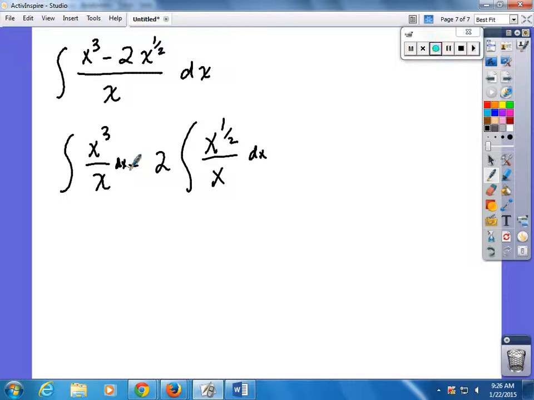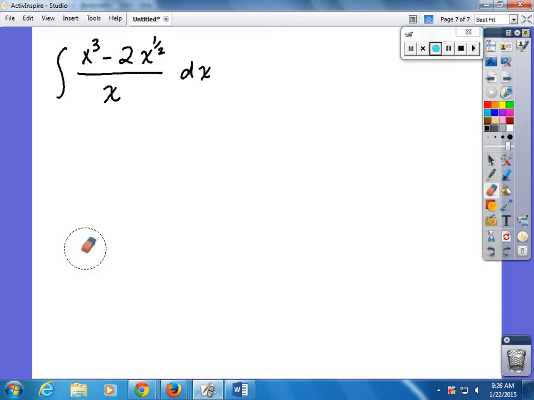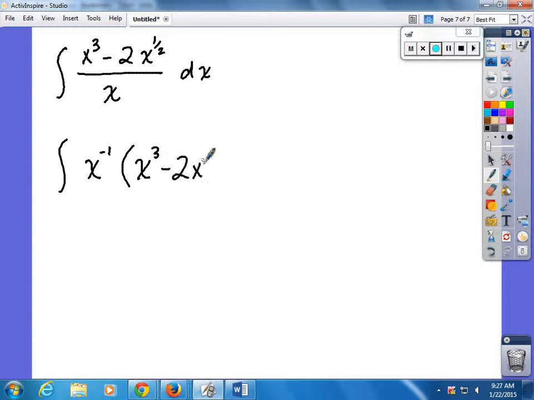So I'm not going to do it that way, but you can do it that way. I'm going to bring the x up. So antiderivative of x to the -1 times x to the third minus 2x to the 1/2 dx.